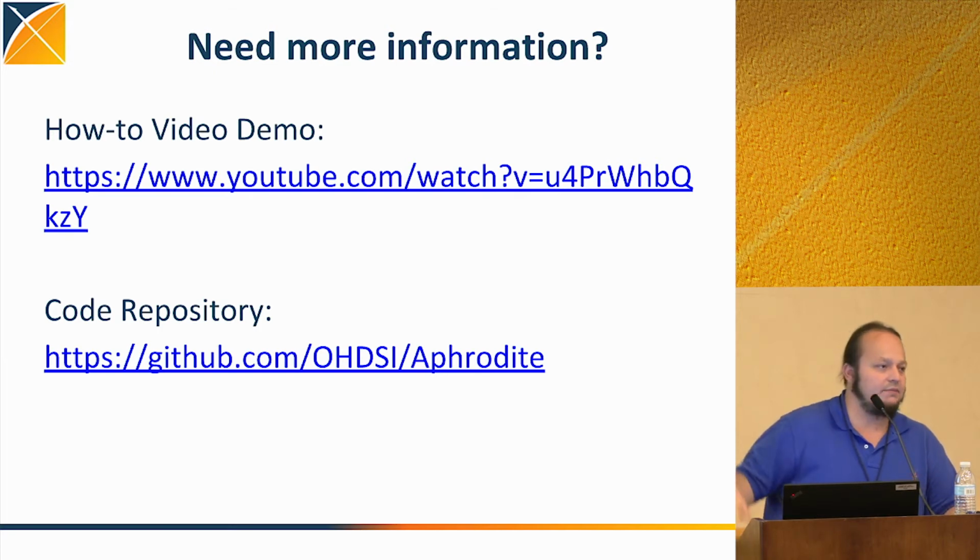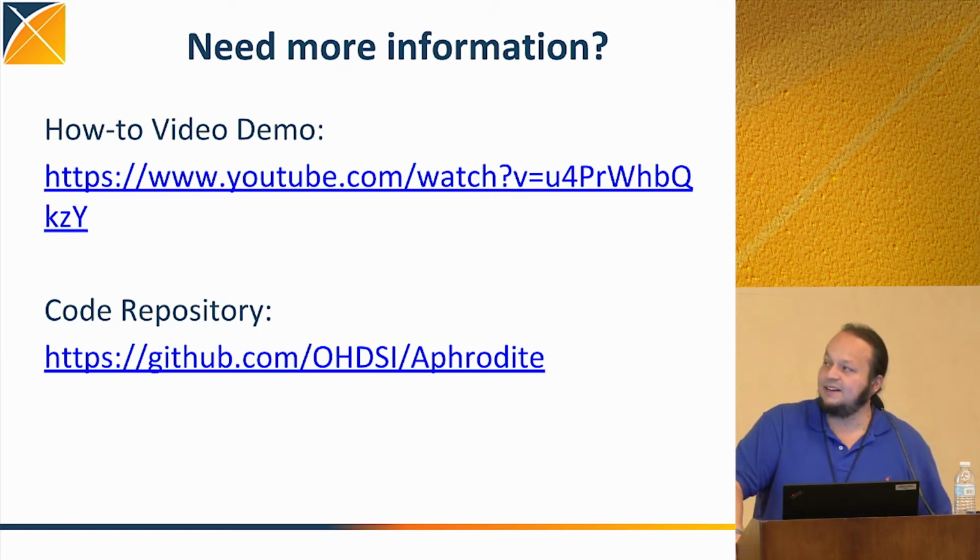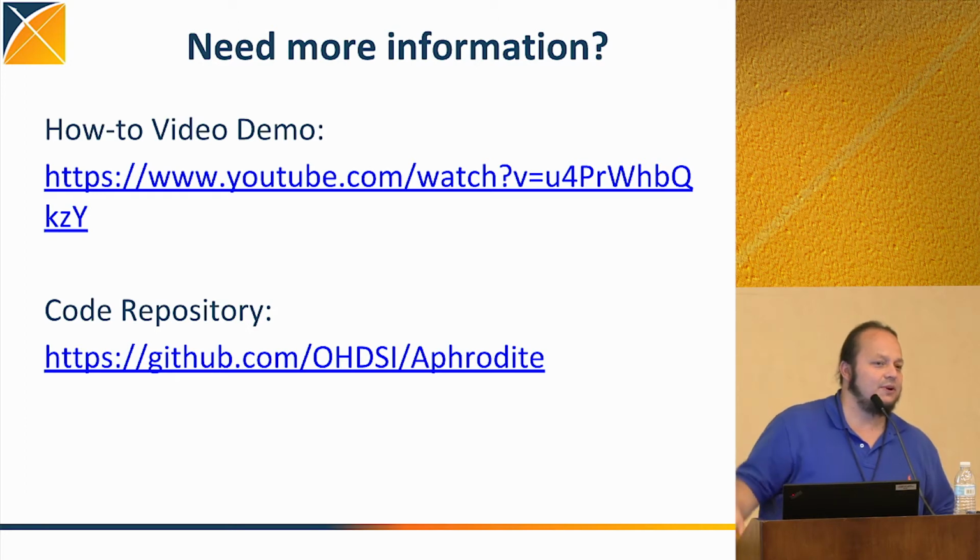So there's a demo on how to do this. There's a GitHub repository. And I need to update the documentation with more animations for the Shiny app. So what domains of the CDM are currently supported? Pretty much everything that has structured data. So you can use devices, procedures, observations, conditions, drug exposures, and notes NLP.